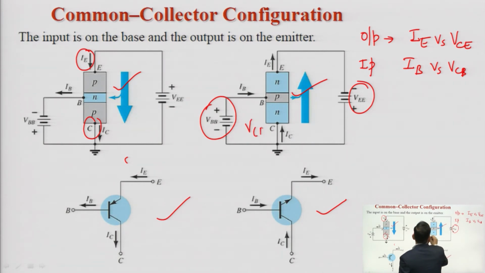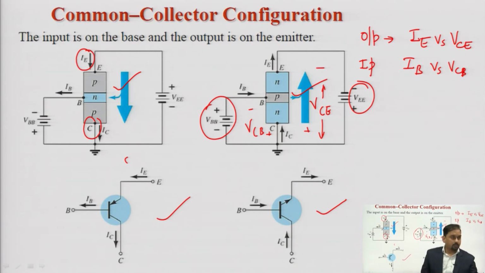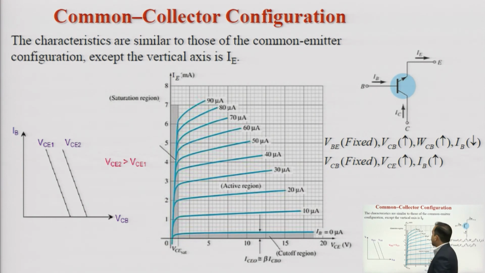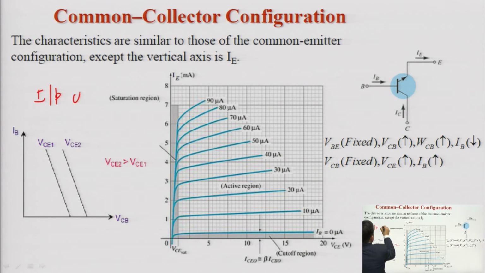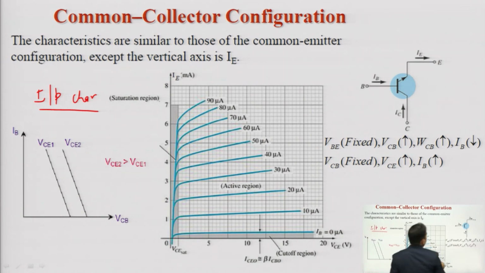VCB is the collector to base voltage, and this is VCE. Let us see these characteristics. This is the input characteristics. Here we can see that we fix the value of VCE.